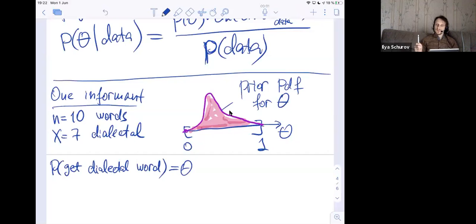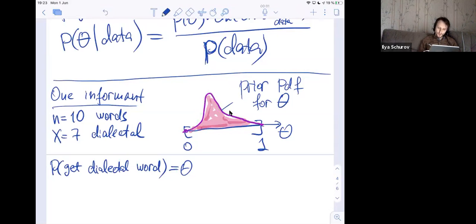We can model our informant as a person with some coin, and every time they have to produce a word when they choose between dialectal and non-dialectal realizations, they just toss this coin once. And we have some probability for this particular person to get a dialectal word, and this probability is a parameter of our model. This is our theta. And we also probably have some statistics about other informants, about our population. And we believe that our thetas are distributed according, for example, to this law.